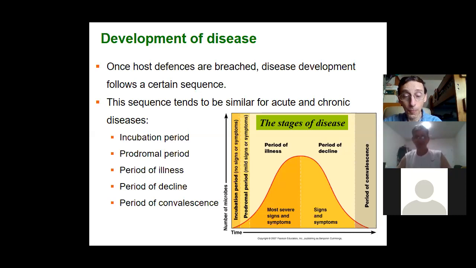Now, with most adults, for common communicable diseases like the colds and flus, you're actually most infective late in the incubation period when you have no idea you're even sick, and in the prodromal period.